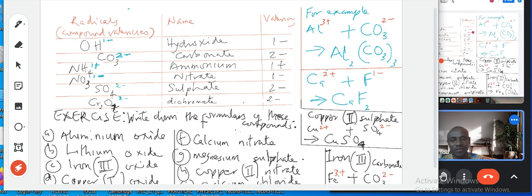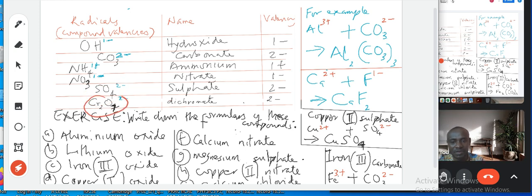NH4, called ammonium, carries a valency of 1 plus. NO3 is called what? Nitrate. It carries a valency of what? 1 minus. SO4 is called what? Sulfate, and it carries a valency of 2 minus.